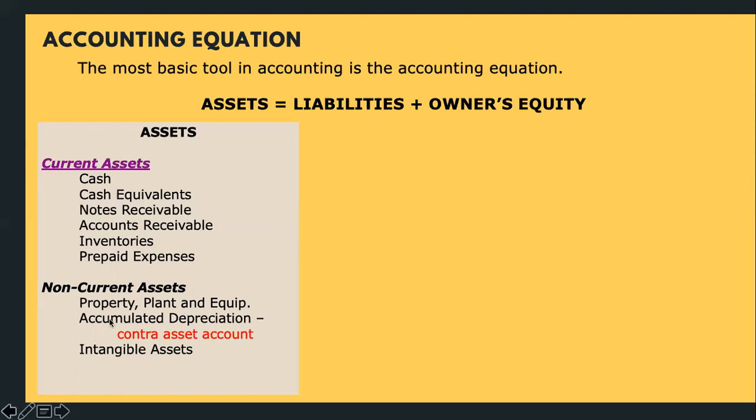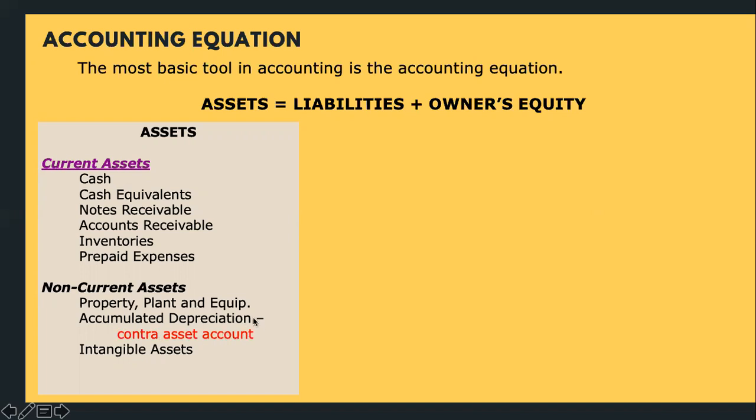Okay, for examples of non-current assets, you have property, plant, and equipment. You have accumulated depreciation. Take note that accumulated depreciation is a contra asset account. When we say contra asset account, it offsets the asset. Therefore, this is a deduction on your property, plant, and equipment account. So it's a contra property, plant, and equipment account.